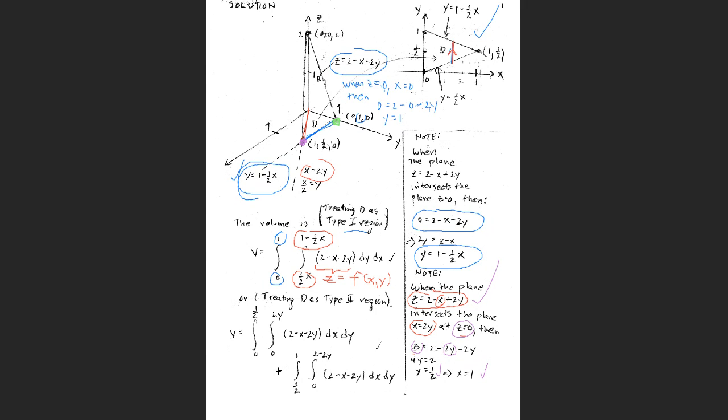Well, now what we have to do. Incidentally, just to be very thorough, I also wrote the volume as a type 2 region. If you treat that region D as a type 2 region, you're going to have to add 2 double integrals because there's a split right here.